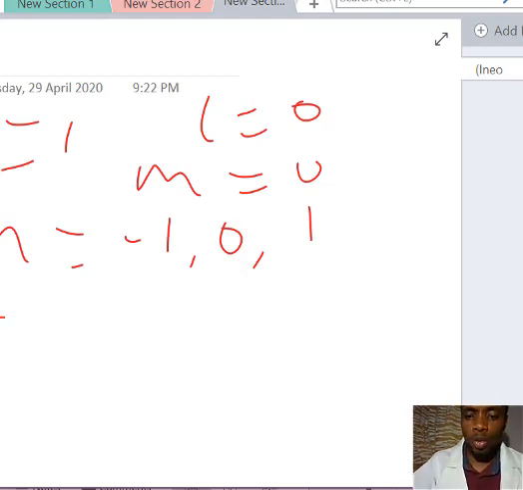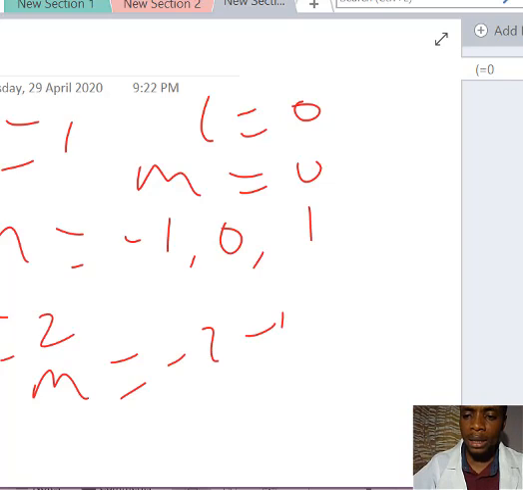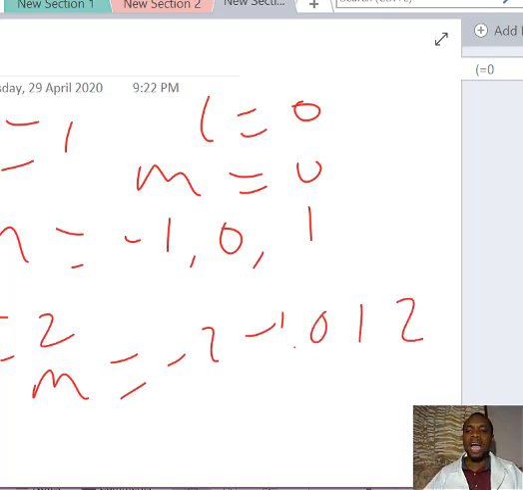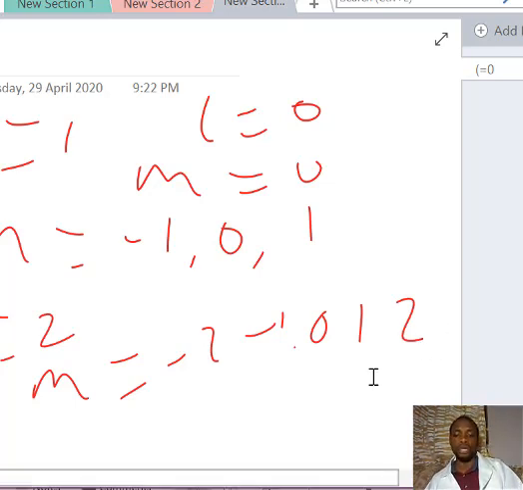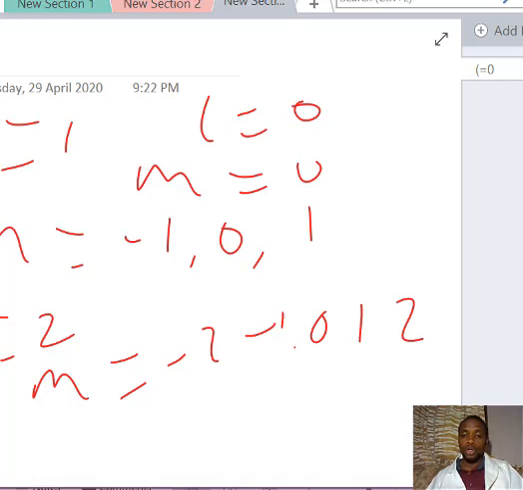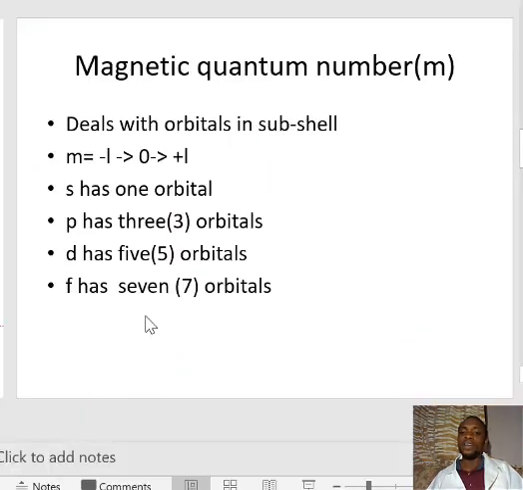If L equals 2, M equals minus 2, minus 1, 0, 1, and 2, meaning you have 5 numbers there. If L equals 3, you will have minus 3, minus 2, minus 1, 0, 1, 2, and 3.